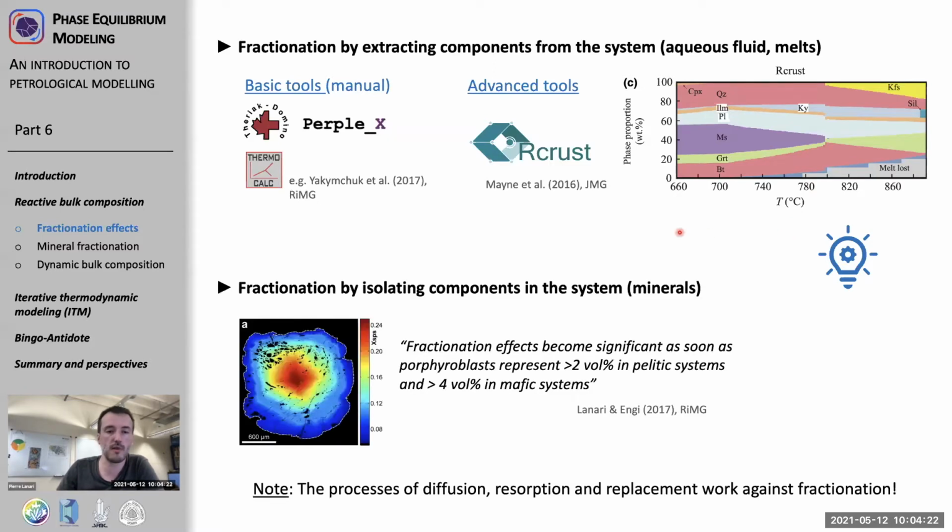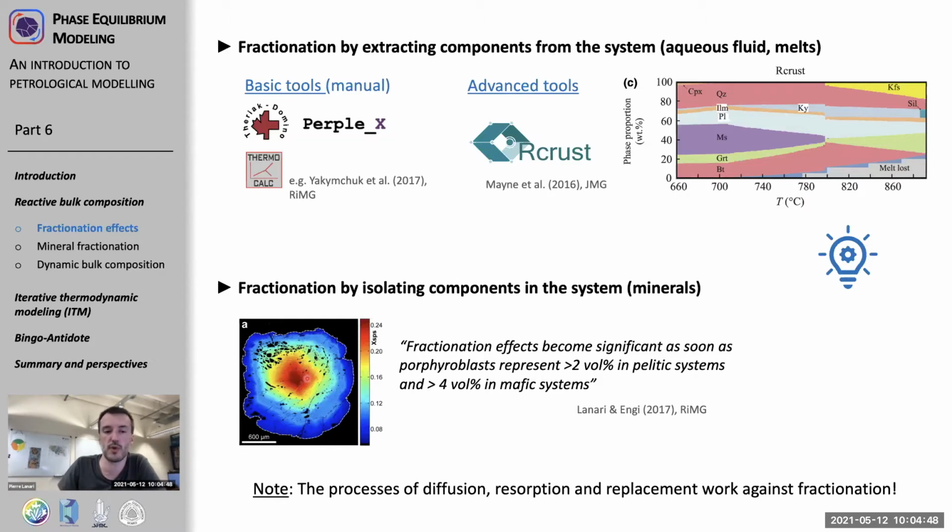The second type of fractionation I mentioned is the isolation of components in your system when you grow minerals. This is a typical example of garnet zoning in manganese. Here I'm showing you a map of X spessartine, and you see that we have this bell-shaped profile zoning in this garnet, which means that you progressively fractionate components from the matrix when you crystallize this garnet.